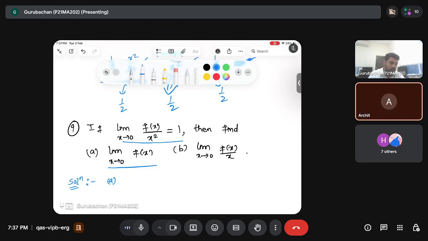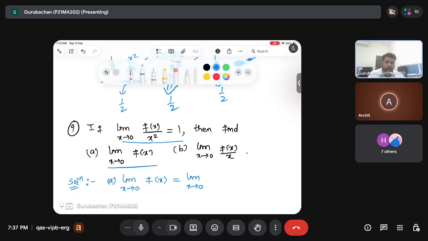Sir, 0. Yes, 0 is the correct answer. How? Sir, as we see that the limit is existing here and the denominator x square equals 0 at x equals 0, so fx also should be 0 at x equals 0.